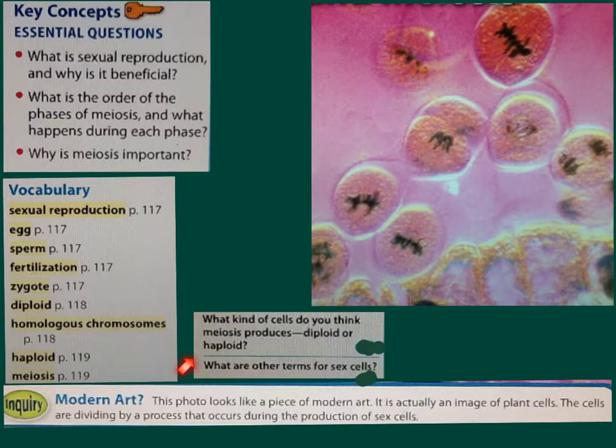Diploid or haploid? Diploid, D-I-P-L-O-I-D, or haploid. The next one you'll need to write down and answer is what are other terms for sex cells? Okay, those 2 questions need to be written down.